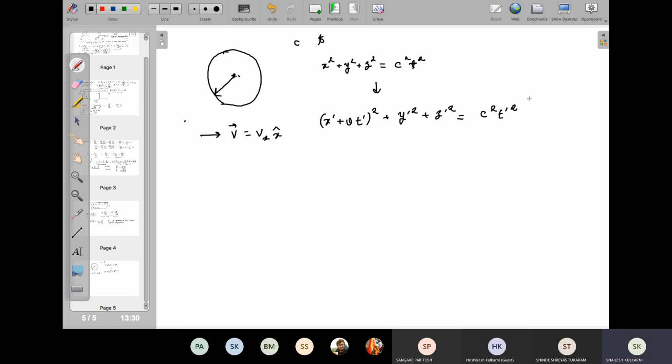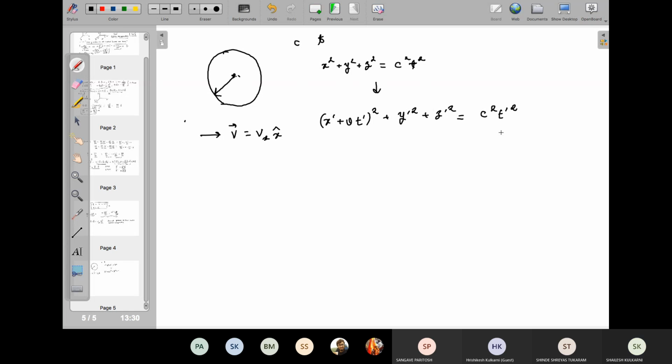Obviously this is not an equation of a sphere, not the equation of a spherical wavefront. That means the solution of Maxwell equation is different now, right? What was a spherical wavefront in one frame is no longer a spherical wavefront in another frame.